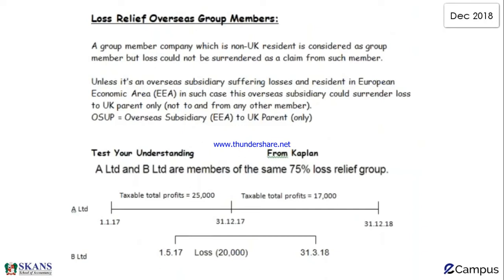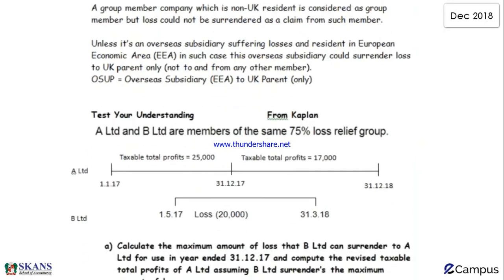Now, let's talk about whether the overseas members would be considered as members or not. Well, yes, overseas members are considered as group members, but losses cannot be surrendered or claimed from such members unless this overseas member is an overseas subsidiary residing in the European Economic Area. And in this case, make sure we are not allowed to do whatever we want to, but only one-way surrendering.